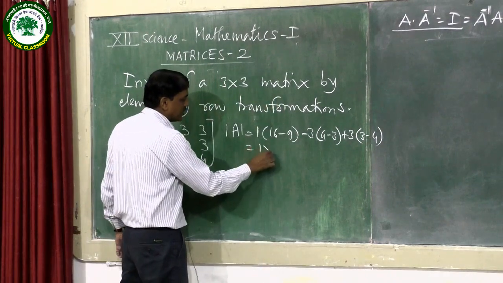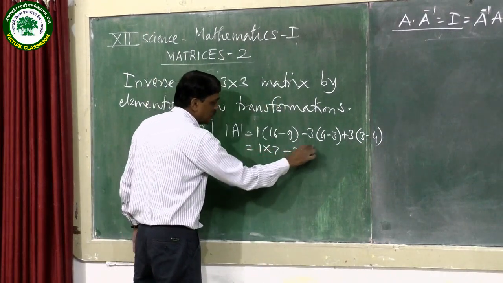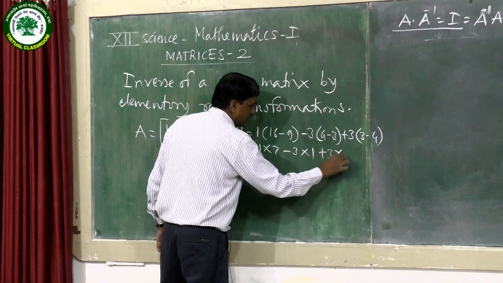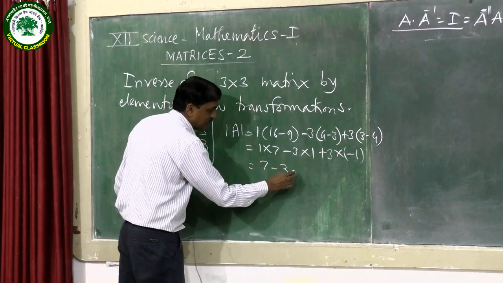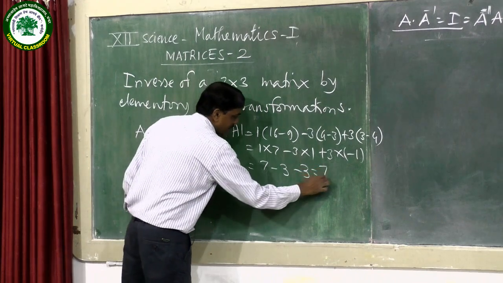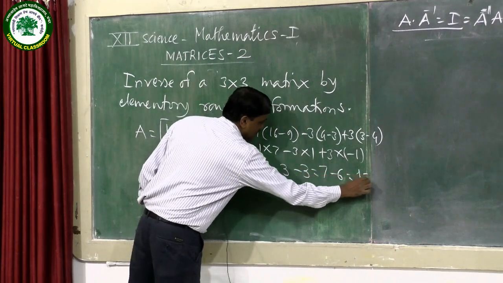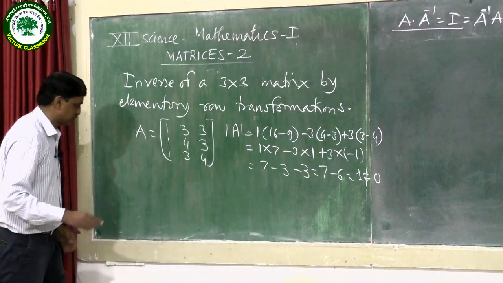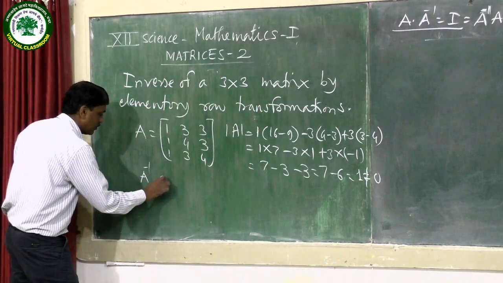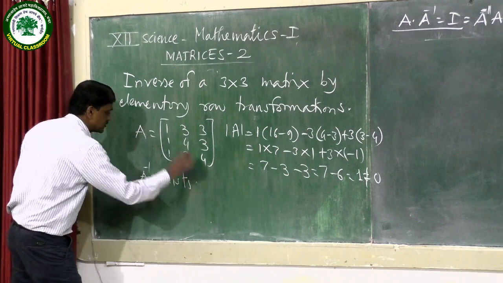So it is 1 into 7, minus 3 into 1, plus 3 into minus 1. So 7 minus 3 minus 3, which is 7 minus 6, it is 1, which is not equal to 0. Therefore, A inverse exists.